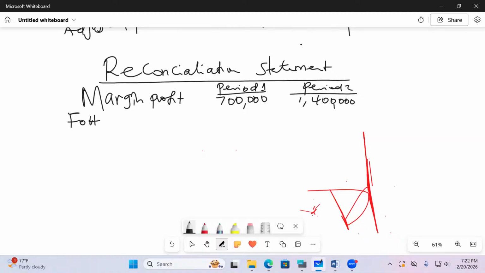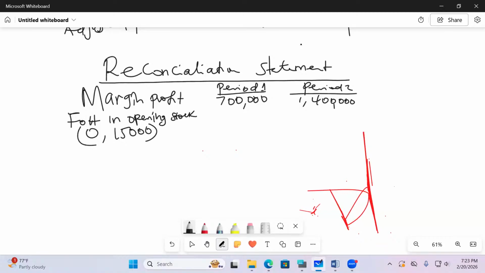in opening stock. Fixed overhead in opening stock. So are you able to remember our opening stock units? If you have forgotten, the first one was 0, period 2 was 15,000. Opening stocks, isn't it?